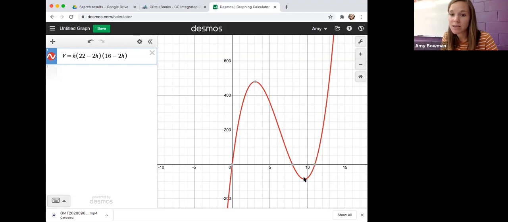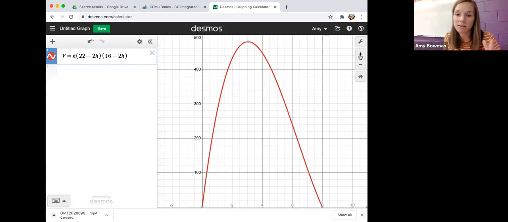So this is a cubic function. But within the context of the problem, these negative values where it goes below 0 here, we could definitely get that with this formula. But it doesn't make sense within the context of the problem because the problem is representing physical space. So only the positive values matter to us here.